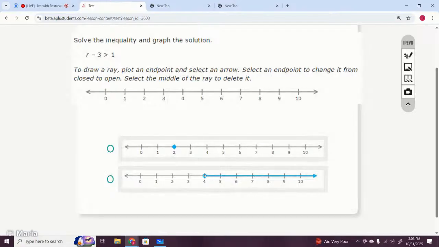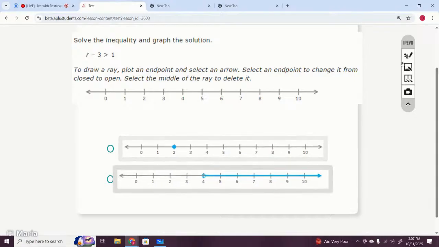R minus 3 is greater than 1. So which is the correct option? R minus 3 is greater than 1 means R is greater than 4.